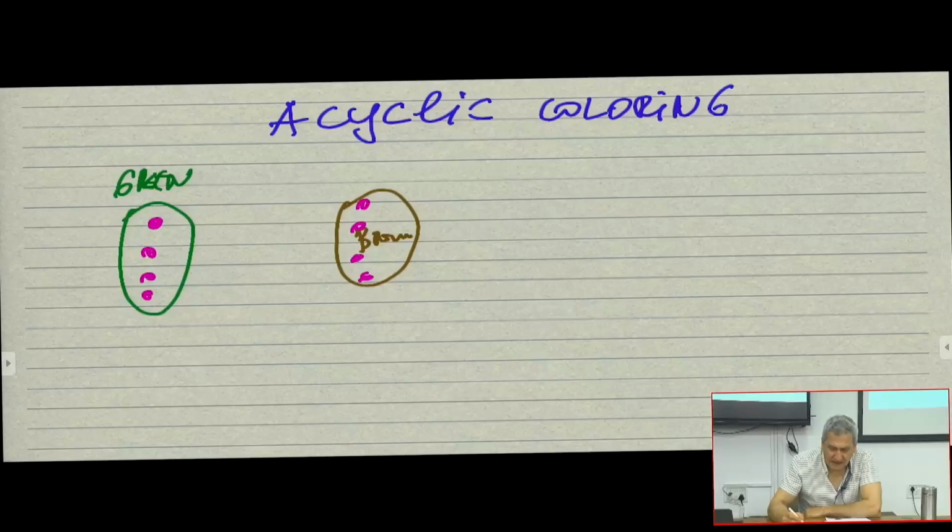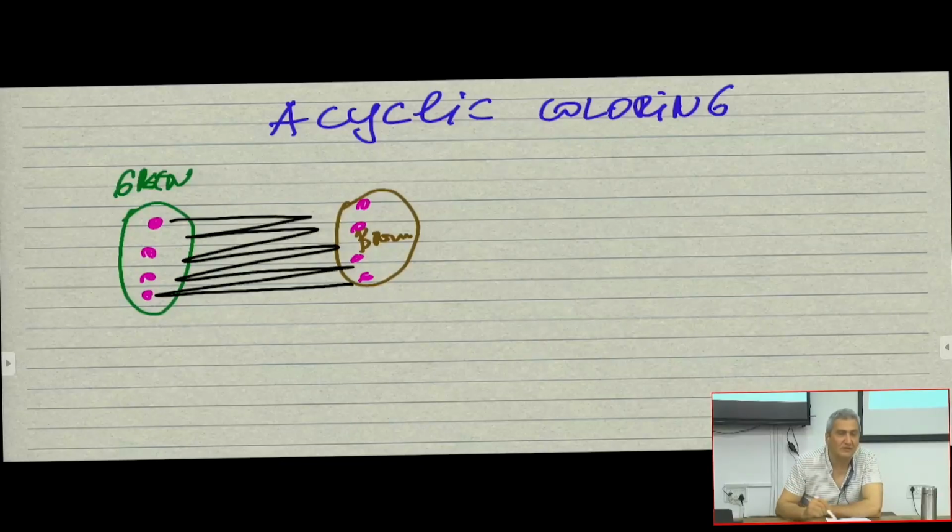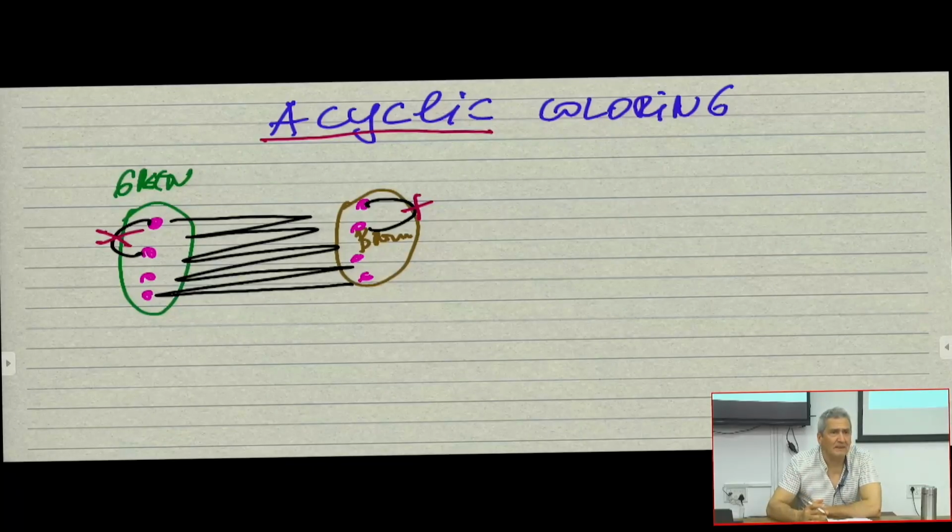In a proper coloring, we're going to have all the edges between these two. It looks like this. There will not be an edge here, and not an edge here. This is not allowed because the coloring is proper. So in acyclic coloring, we are not satisfied with a bipartite graph. We want it to be a forest.